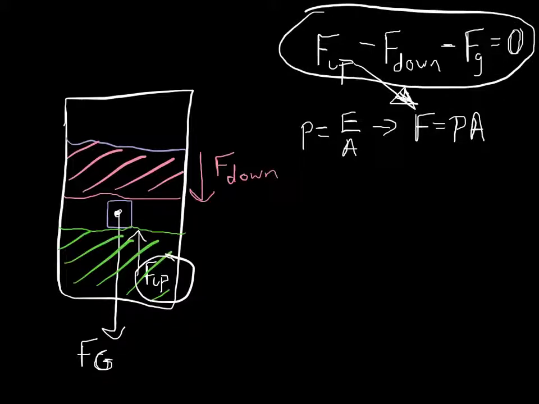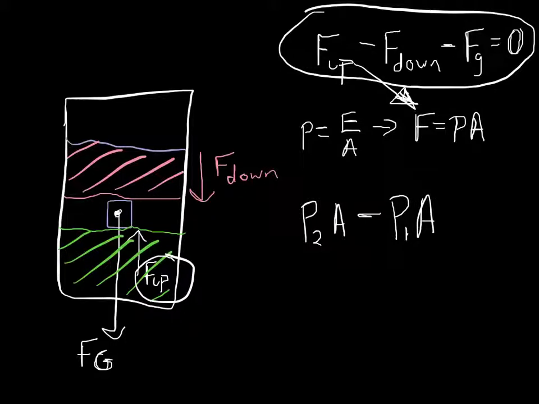So we have some pressure that's pushing up. We will call that pressure 2 pushing up times the area of the ice cube. And we're going to have some force down. The force down is going to be the pressure down. I can call that pressure 1 times area.